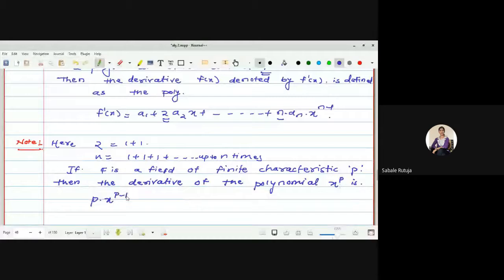But the characteristic of that field is p, so p into x raised to p minus 1, but p is equivalent to 0. So this p into x raised to p minus 1 is equal to 0 into x raised to p minus 1, which is equal to 0. Any doubt?